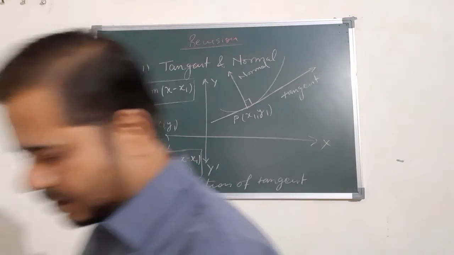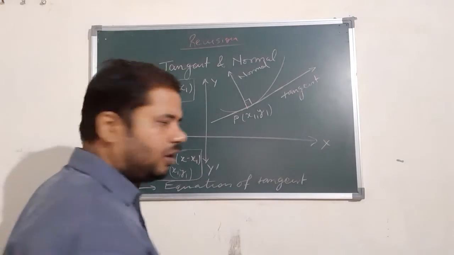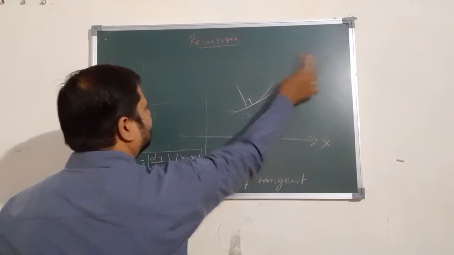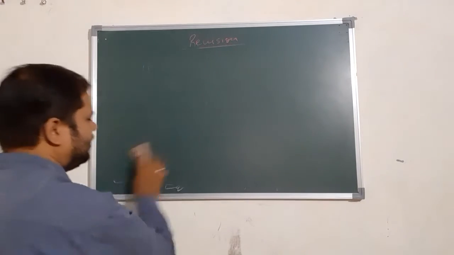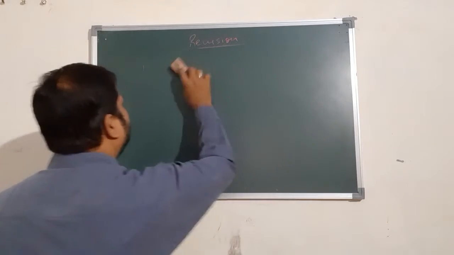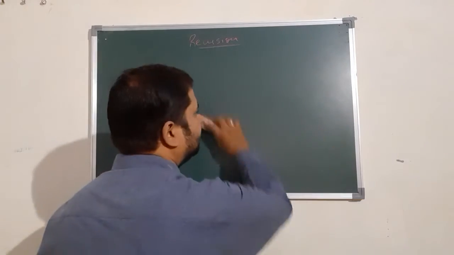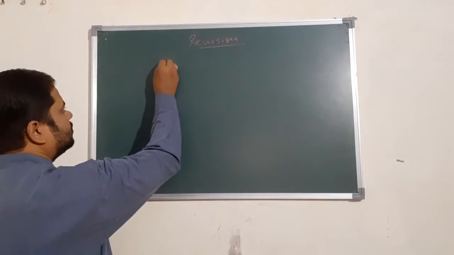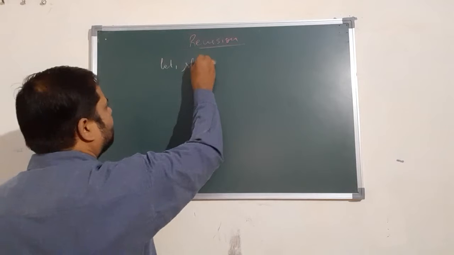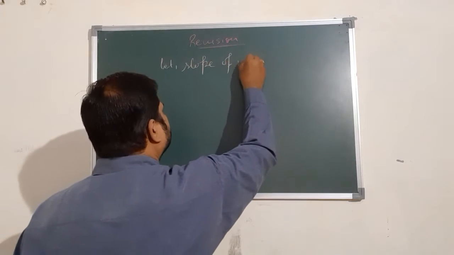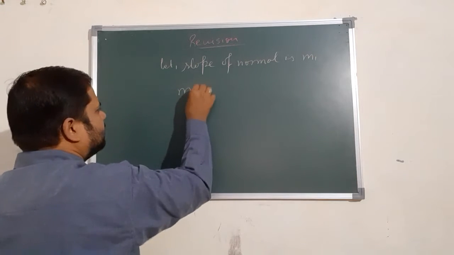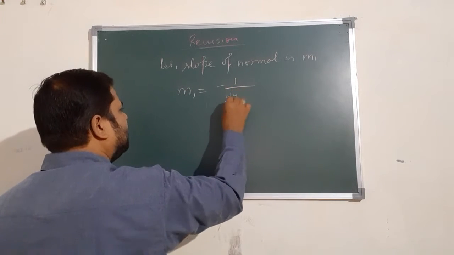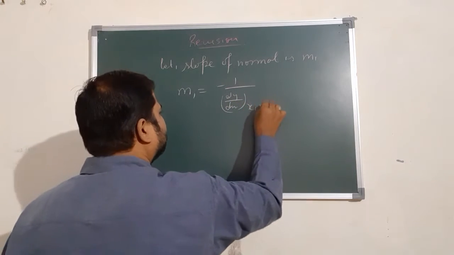Now I am going to write the equation of normal. As you know, the normal is the line perpendicular to the tangent, so only the slope changes. Let the slope of the normal be m1. Then m1 is minus 1 upon dy by dx at (x1, y1).